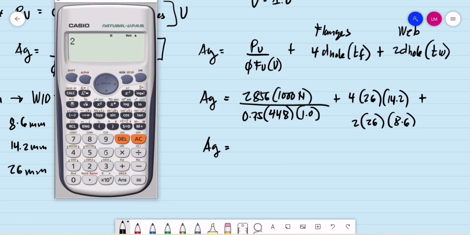This is 856 multiplied by 1,000 to be in newtons, divided by 0.75 of 448. Then shear lag factor, that is 1. Then plus 4 times 26, multiplied by 14.2. Plus twice 26 times 8.6.